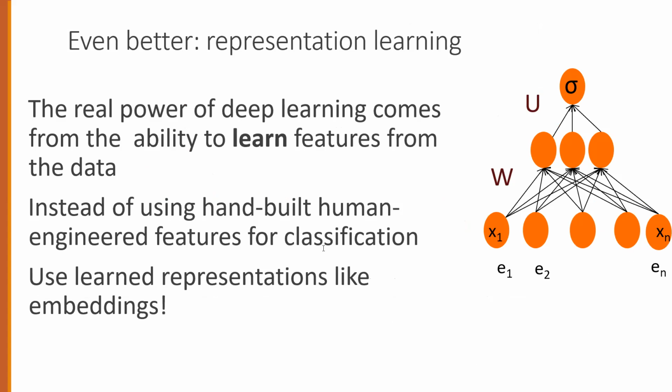Most neural NLP applications do something different, however. Instead of using hand-built human-engineered features as the input to a classifier, we draw on deep learning's ability to learn features from the data by representing words as embeddings, like the word2vec or the GloVe embeddings. There are various ways to represent an input for classification.